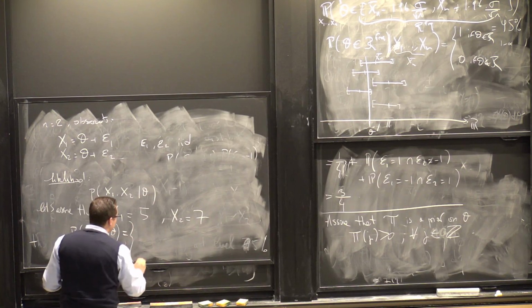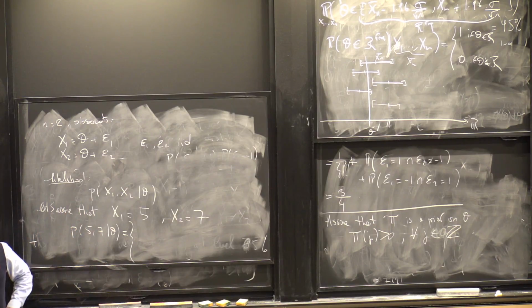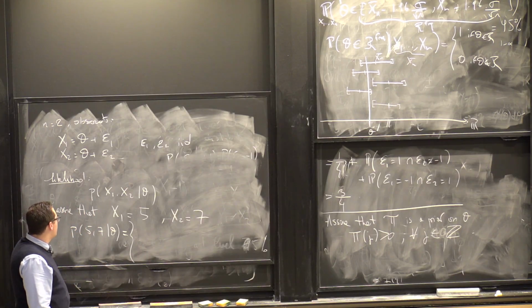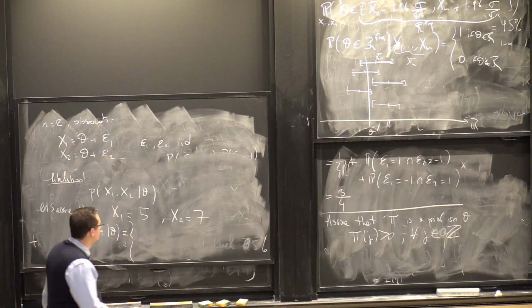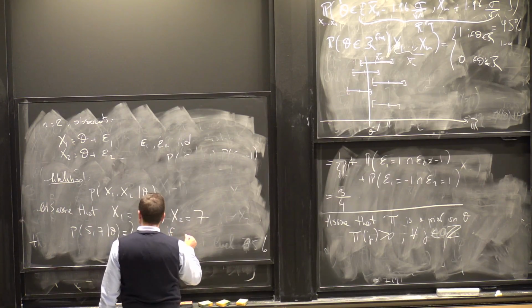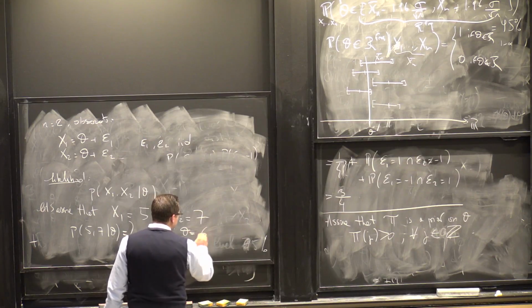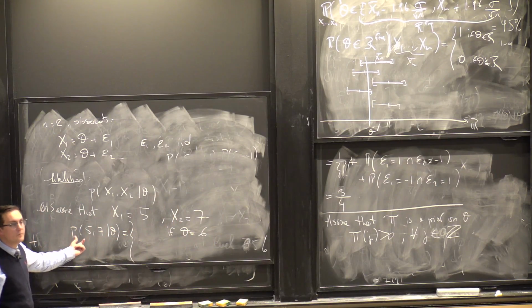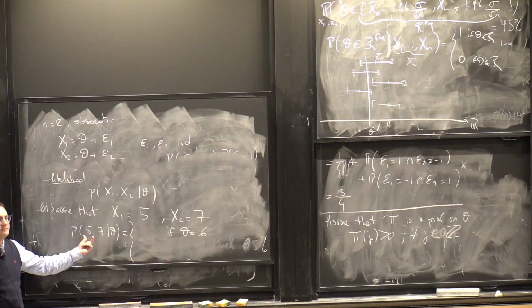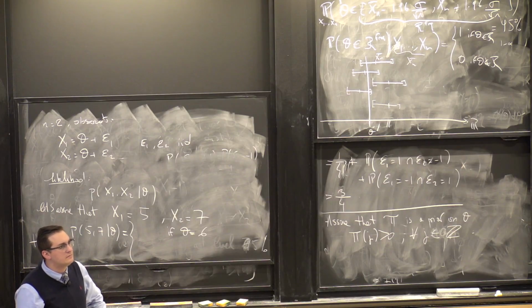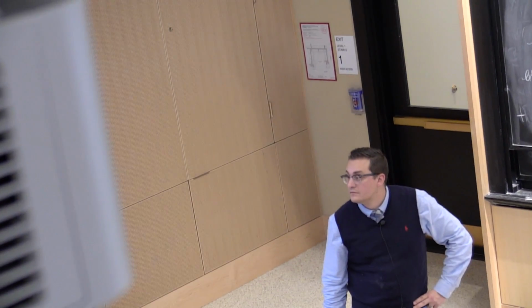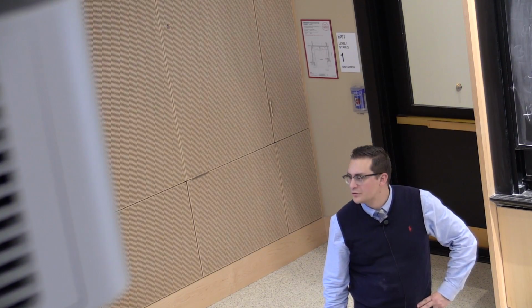What is this likelihood? Well, if theta is equal to 6, that's just the probability that I observe 5 and 7. So what is the probability I observe 5 and 7? 1/4.